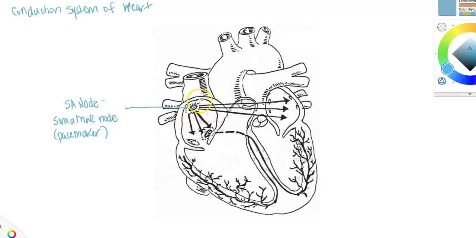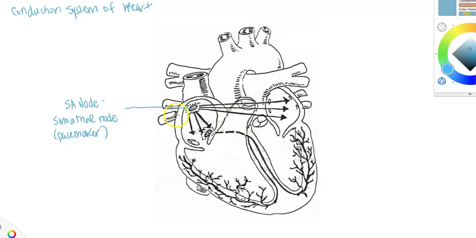So basically, these are autorhythmic cells here that when they depolarize, they pass their action potential to their neighboring contractile cells.